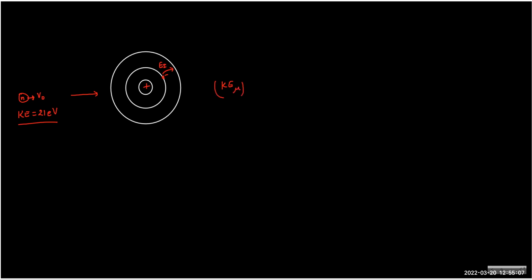See, K mu after can be written as K mu before minus E1, isn't it? Oh, so just a minute. Yes. So we can say the loss in kinetic energy in the CM frame is equal to the E1 part.